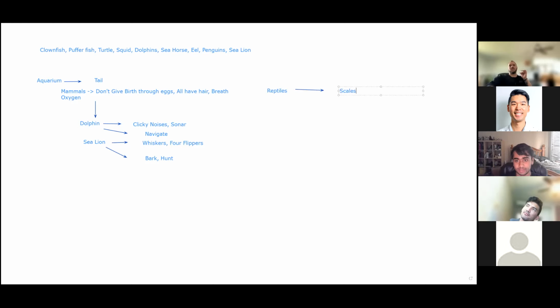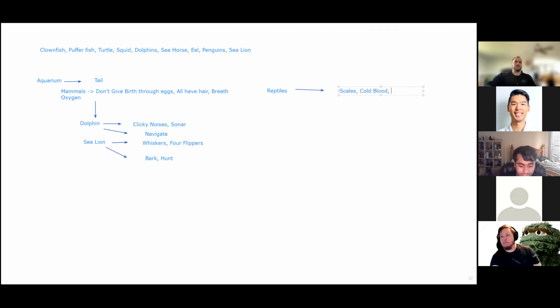Cold blood. Did someone say that? Okay. What else? They lay eggs. Yeah, I guess that's true. They do lay eggs. So that's something we can apply to all our animals, because obviously the mammals don't lay eggs. Okay. Can anyone think of any methods or functions that are unique to reptiles?